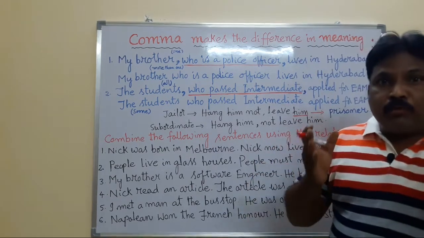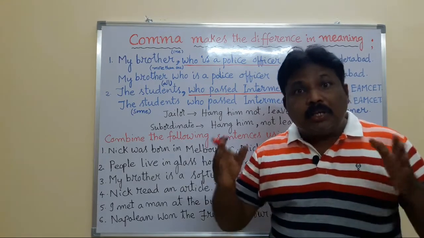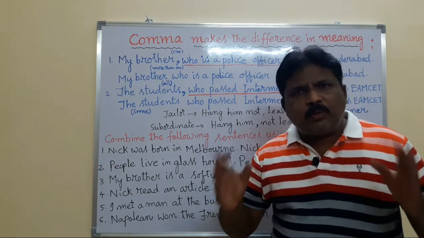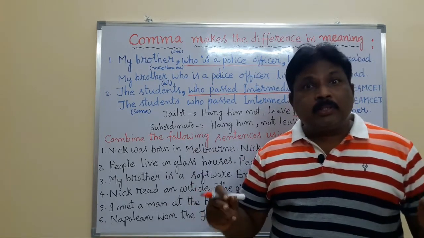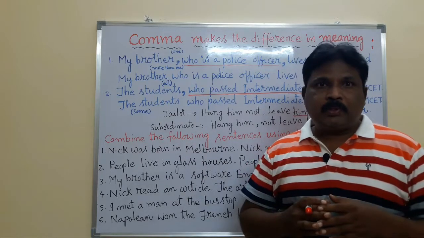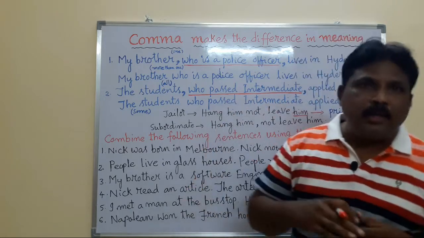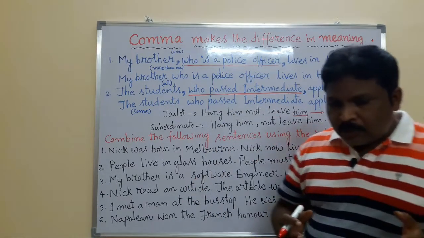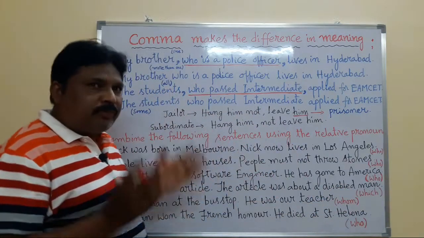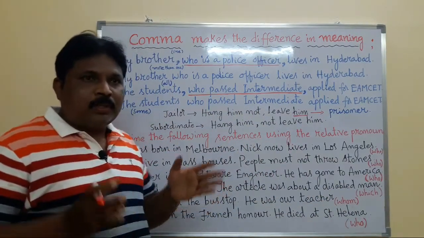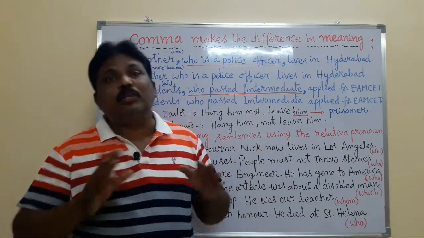But when we find sentences, particularly in relative clauses, when a relative clause is separated by commas or hyphens, it gives a separate meaning. It makes a different meaning when compared to defining relative clauses. That is why I have come forward to explain the difference between the two clauses, the clause with commas and the clause without commas.